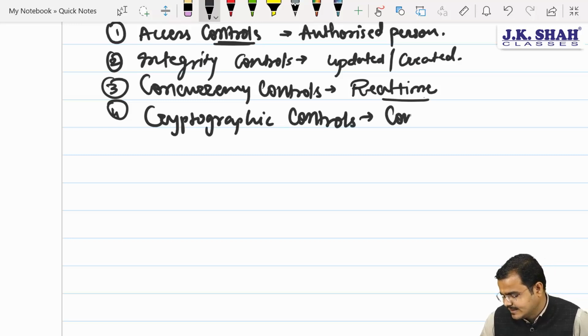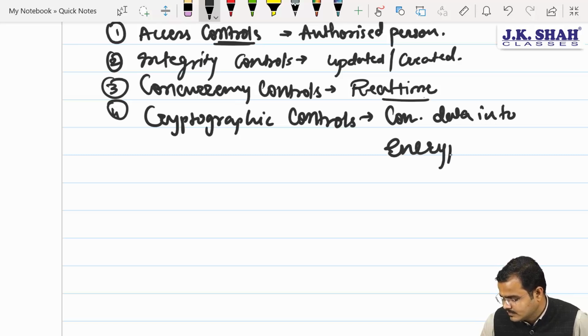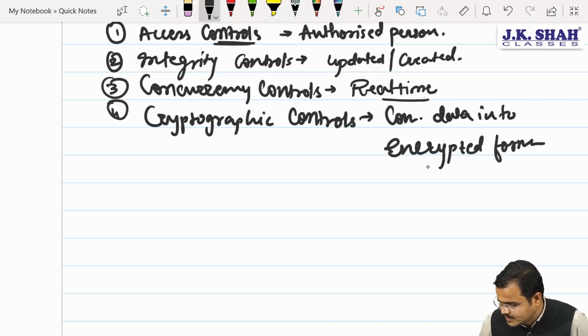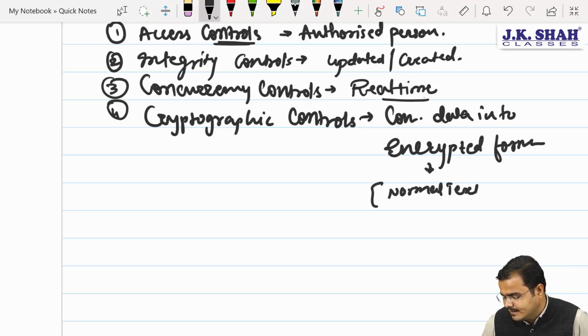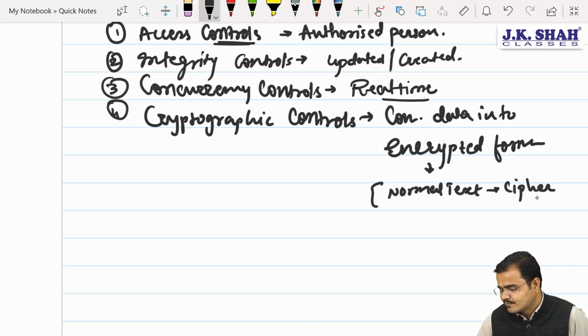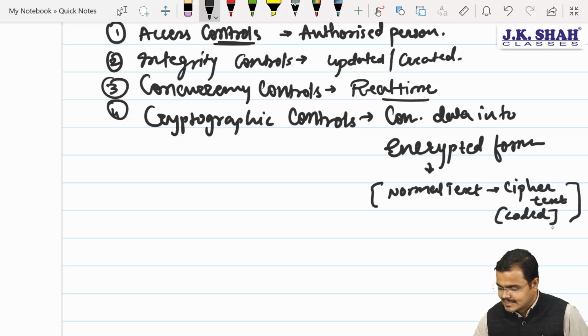That is converting data into encrypted form. What is encryption, Chartered? Sir, encryption refers to something very simple, converting normal text into cipher text. Cipher text means a coded language. Yes, sir. And that's called what?